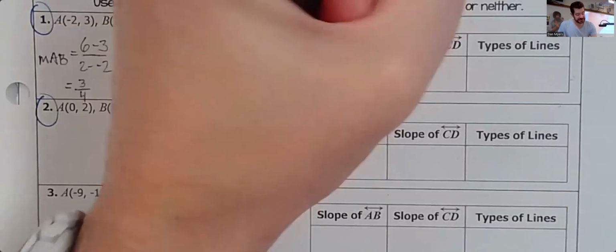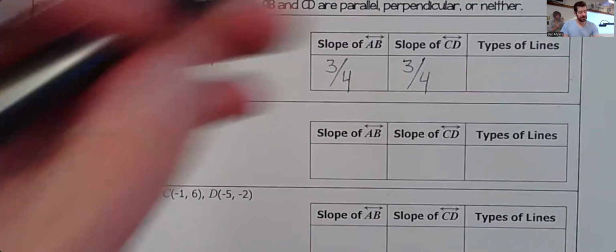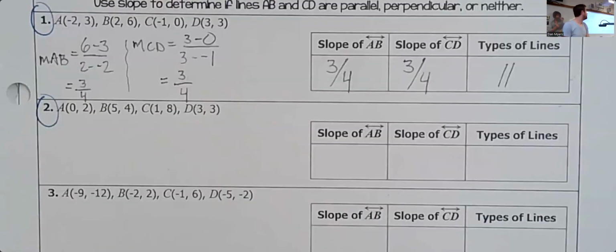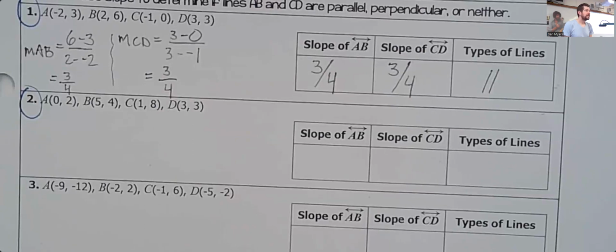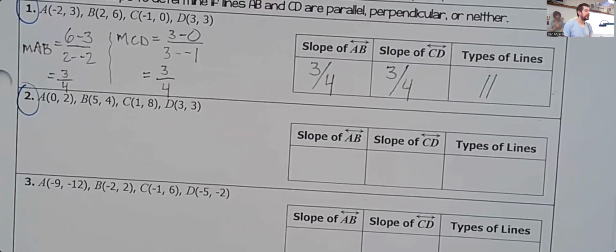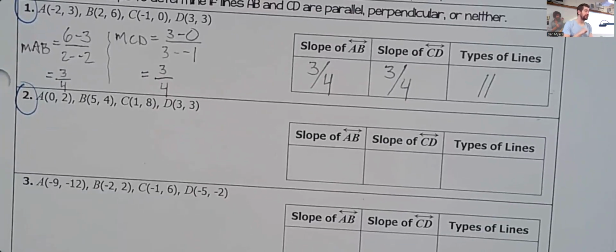So slope of line CD, 3/4. Exactly the same slope, parallel lines. And you can write the word parallel, or you can just use the symbol for parallel. Any questions about what we're doing with these problems? All right, we're going to do 2 more together on this page, and then I'm going to pick 4 from the next one for you to do on your own.